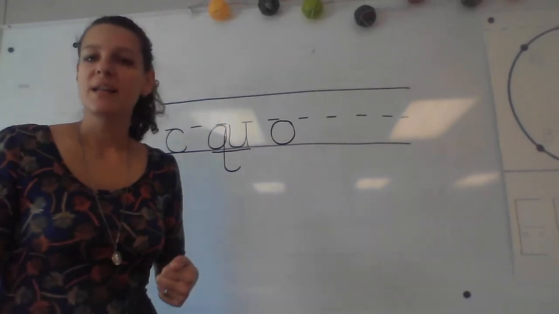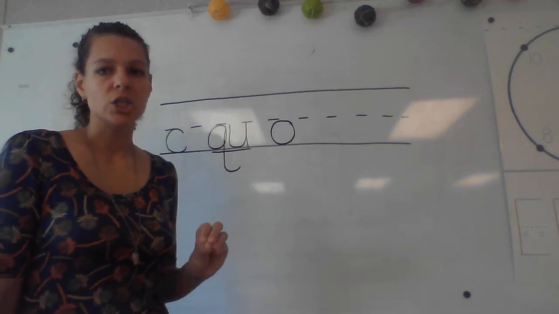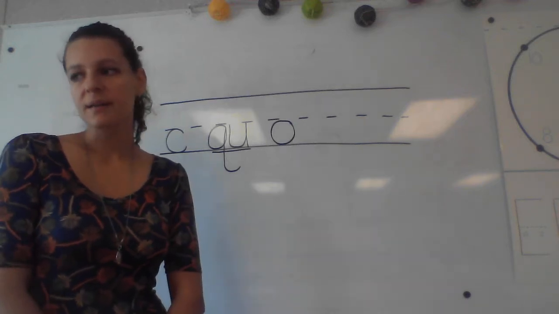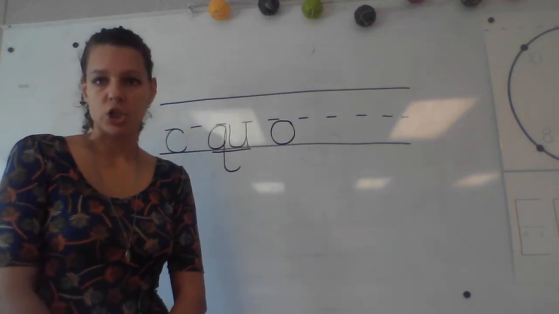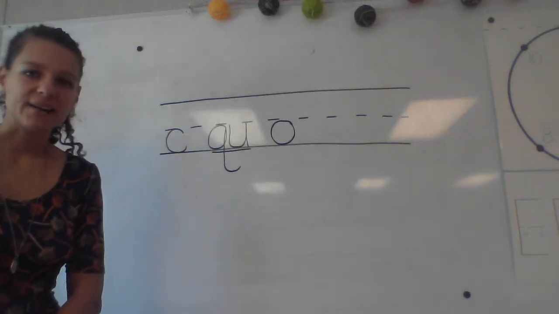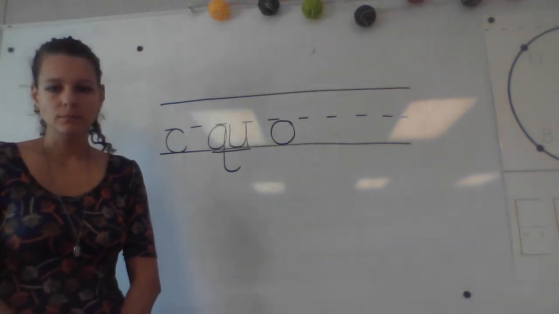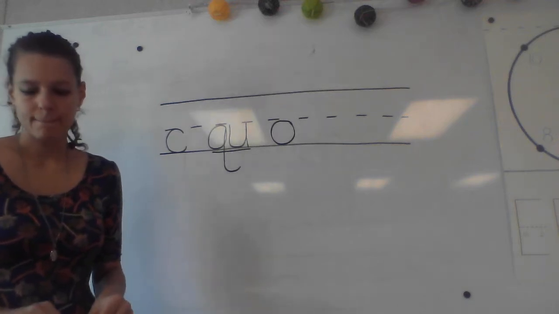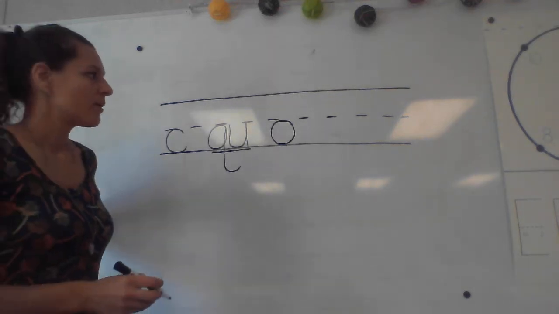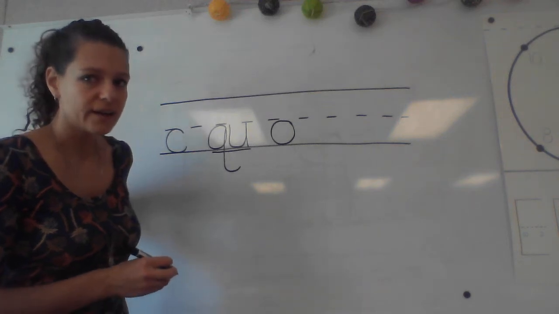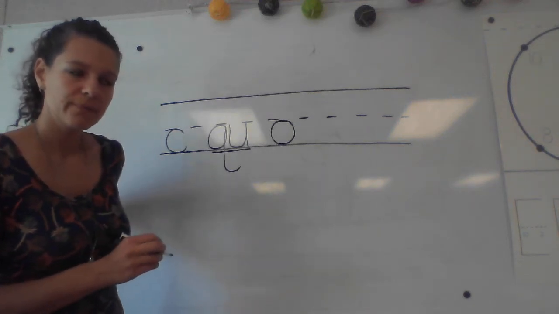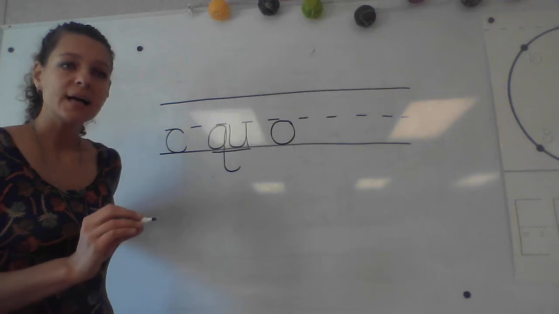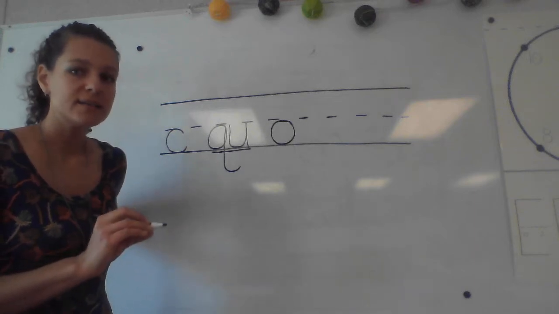Okay. The next one I want you to write is d. What are you going to write? Good, d. All right, go ahead and write it. All right, now class, what kind of a letter is d? Good, it is a clock stroke letter. So where does it need to start?